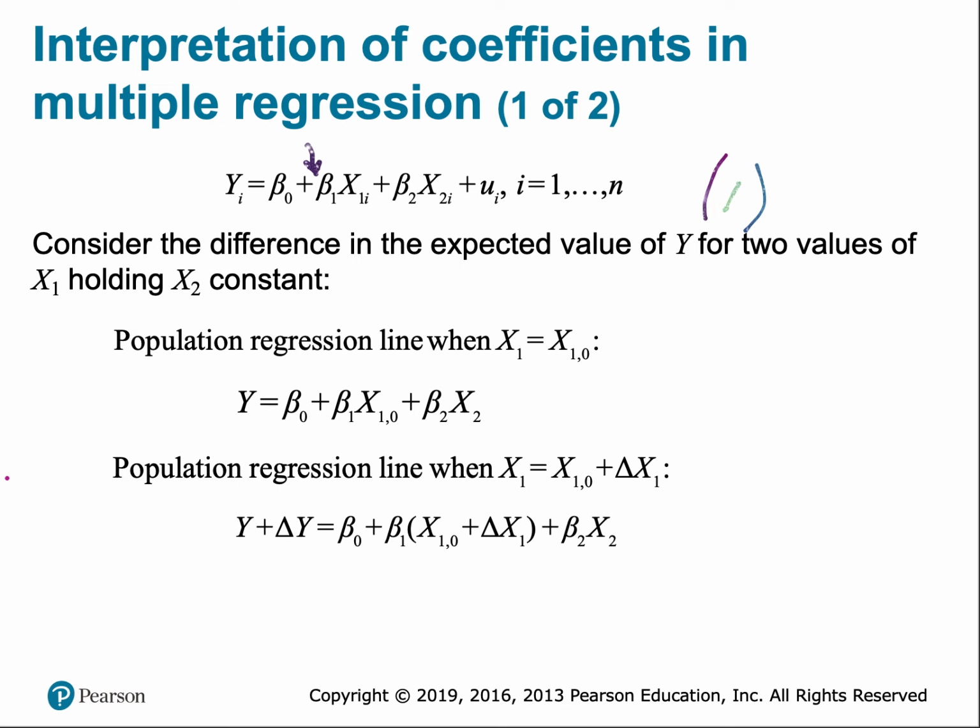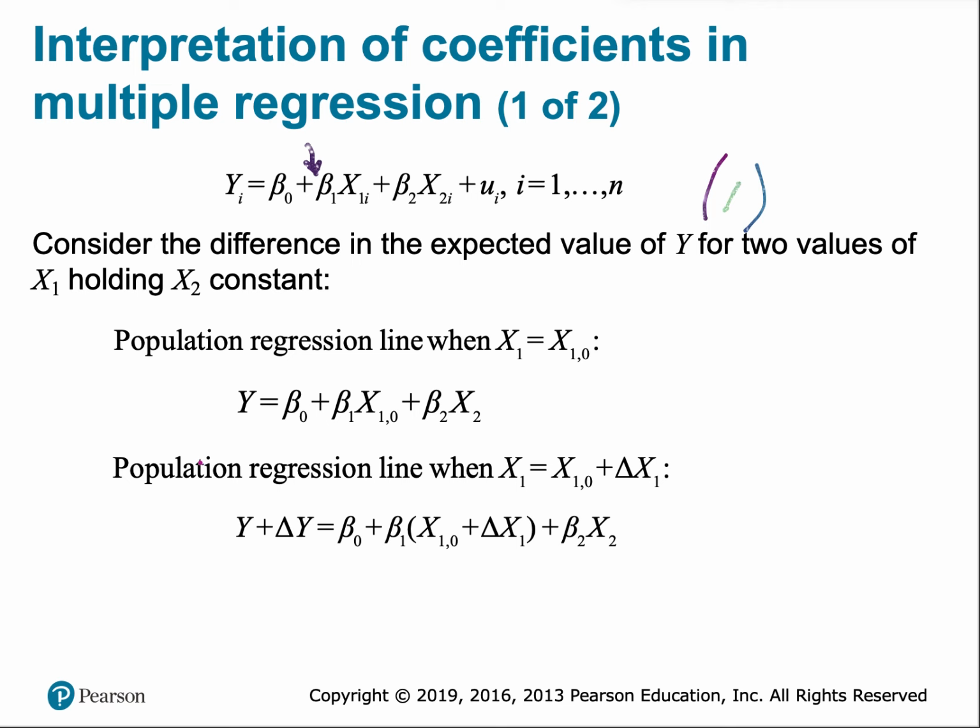So the population regression line, when our variable x1 is equal to x1,0, meaning x1 at the initial value, is y equals beta naught plus beta 1 times the initial value of x1 plus beta 2 times x2.